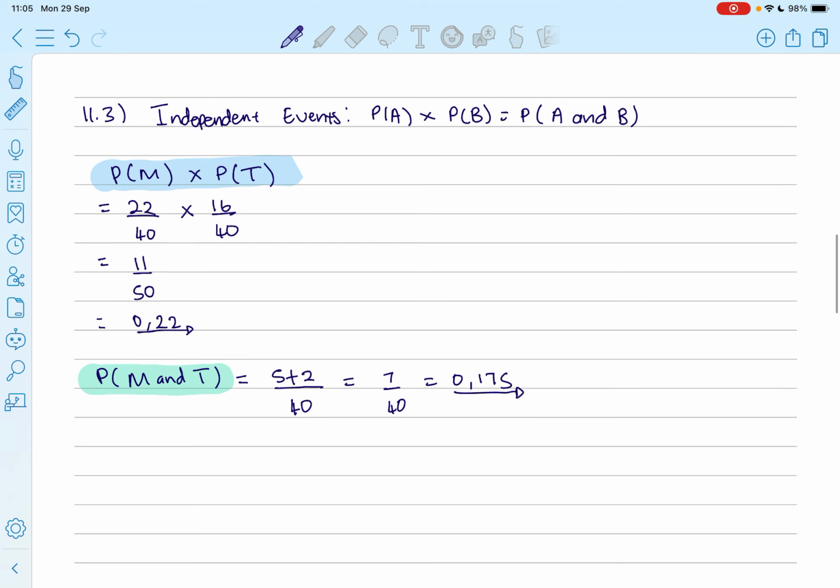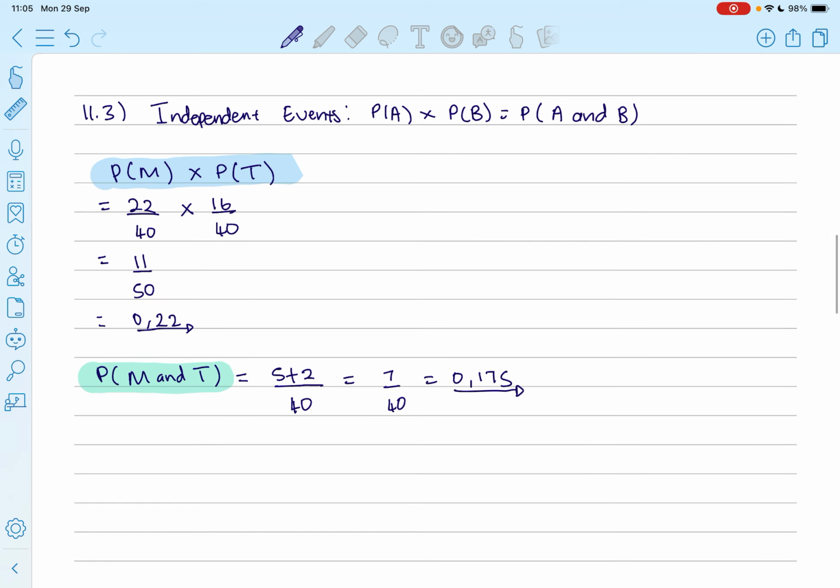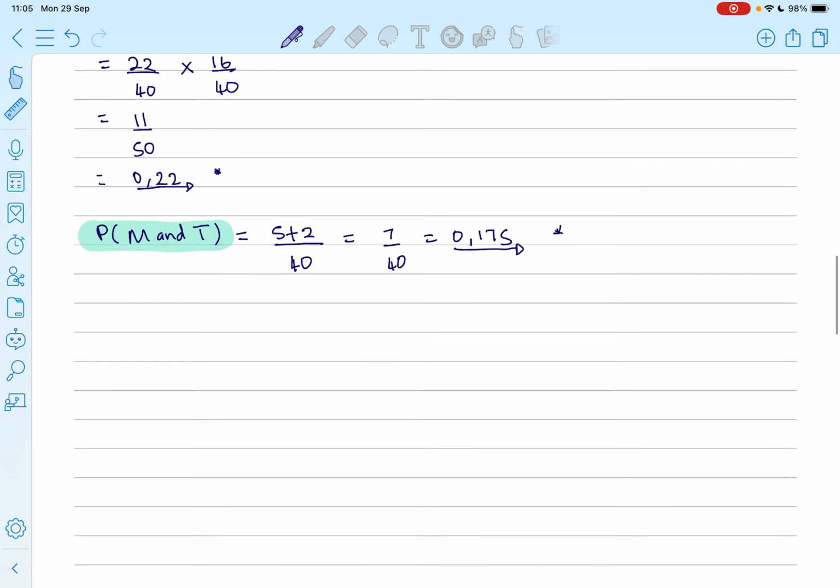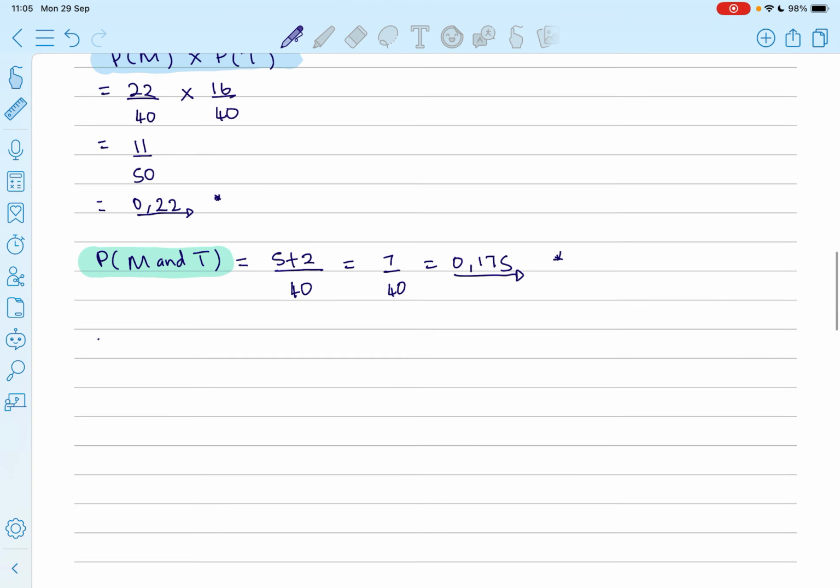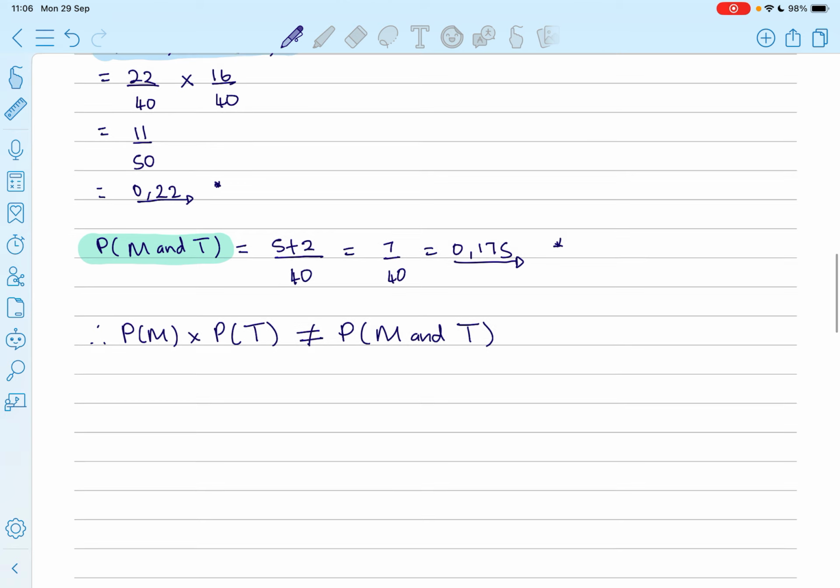Okay, so now we've calculated each value individually, and we can see that these 2 values are not equal. So if they're not equal, it means they are not independent. So therefore, probability of a student writing maths multiplied by the probability of a student writing tourism is not equal to the probability of a student writing maths and tourism.